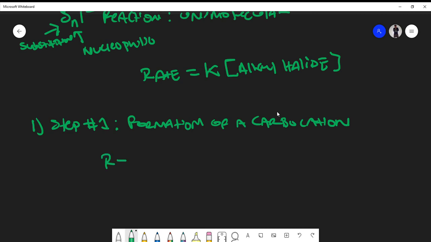So here R is going to represent anything, X is our alkyl halide, and essentially the bond is broken to put the electrons in the form of lone pairs on the halide. So that gives us an R that's now positive.